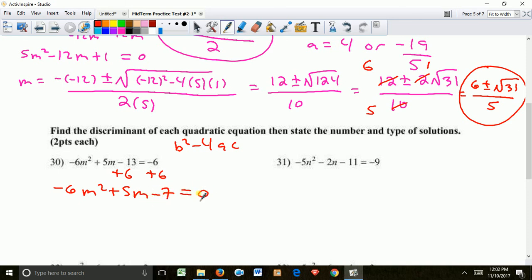So the discriminant is 5 squared minus 4 times negative 6 times negative 7. If you multiply that out, you do get negative 143. Since that is less than 0, there are two imaginary solutions.